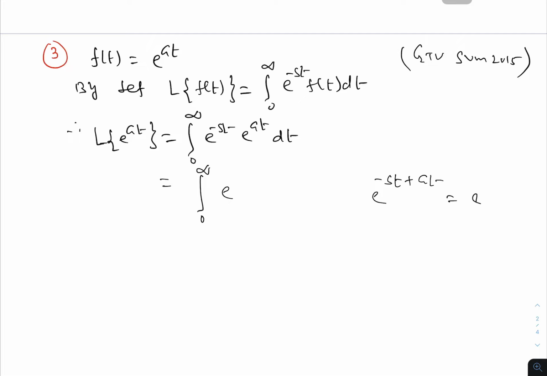So we can write e power minus s outside, and t outside, and so that is nothing but s minus a. So I can write this as e to the power minus (s minus a)t dt. Here you have s greater than a.